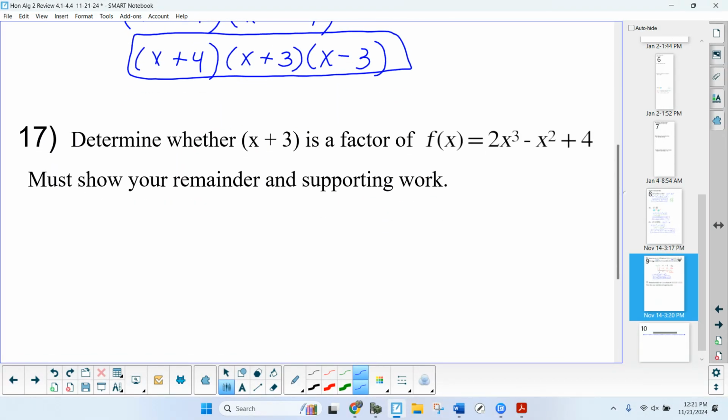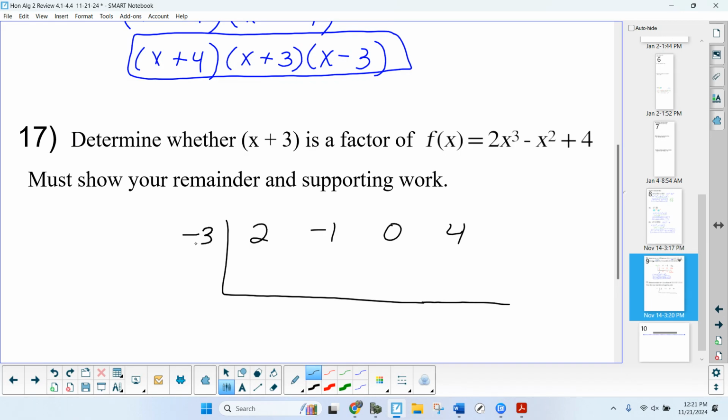Okay. 17. Determine whether this is a factor. What do we do? Put in what here? 2, -1, 0, 4. What goes on the outside? -3. Bring down the 2.